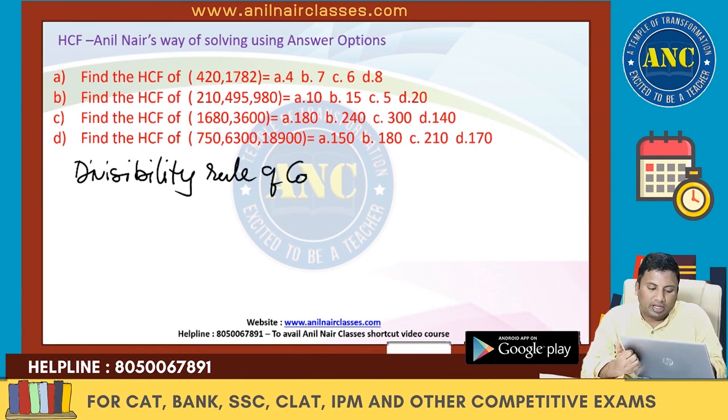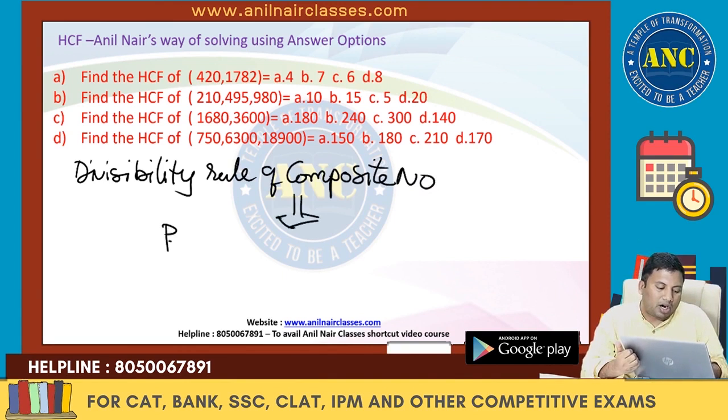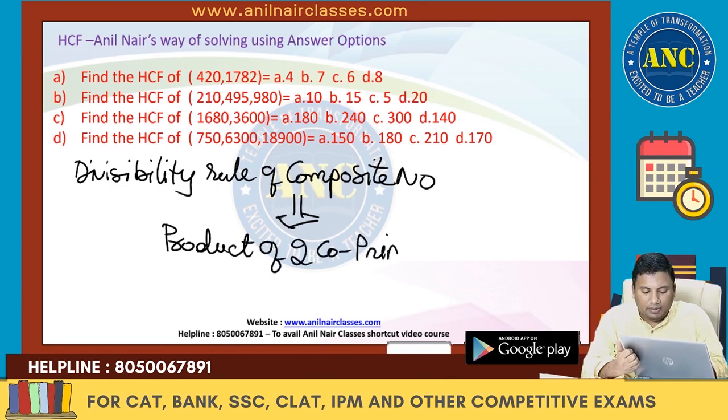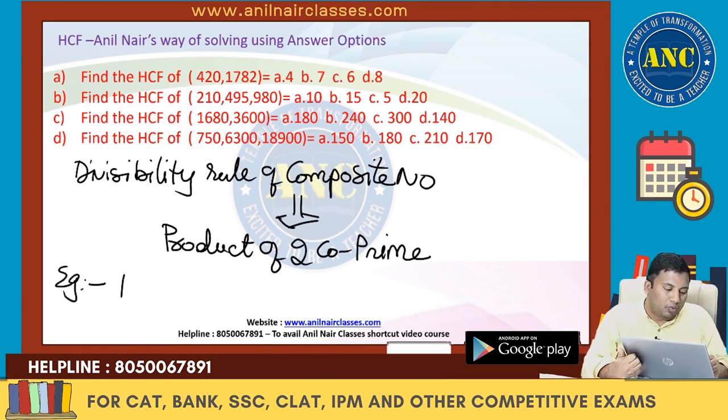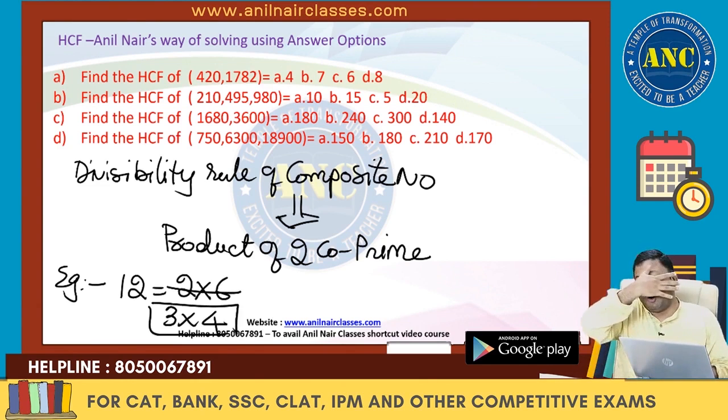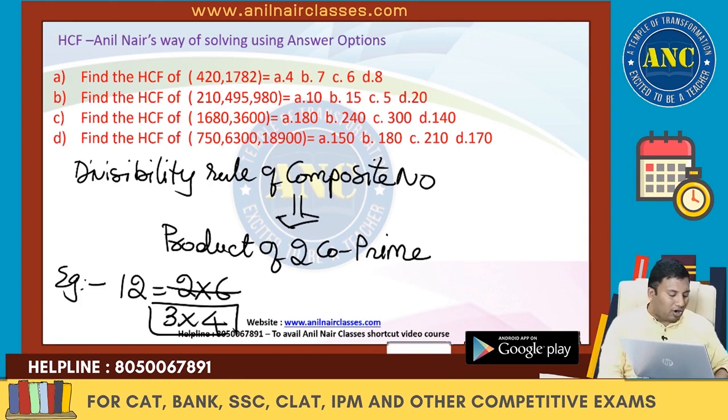Write the number as a product of two coprimes. That is the divisibility rule of a composite number. For example, the 12 divisibility rule is not 2 into 6 but 3 into 4, because 3 and 4 are coprime to each other. This theorem we call the Chinese remainder theorem.